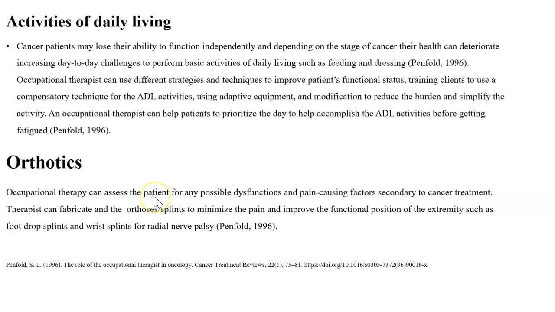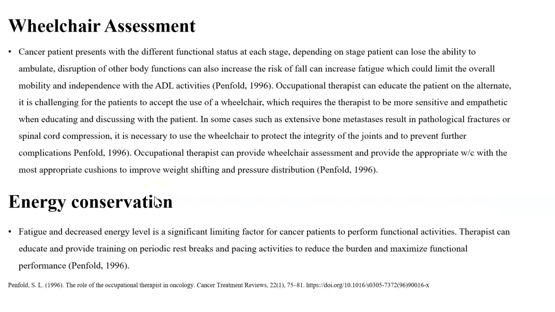It's a different kind of splinting. Wheelchair assessment is another very important role, and actually many clients, after radiation or different medical interventions, depending on the stage of their cancer, might lose the ability to ambulate.